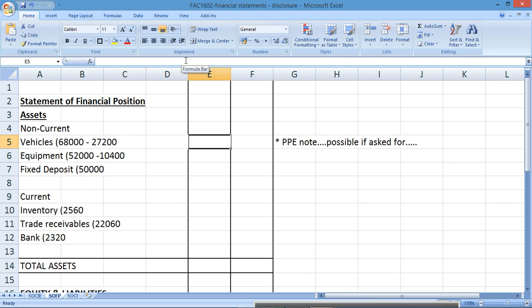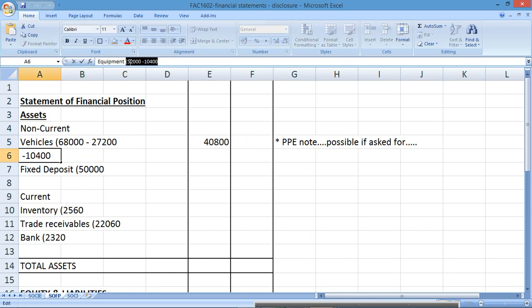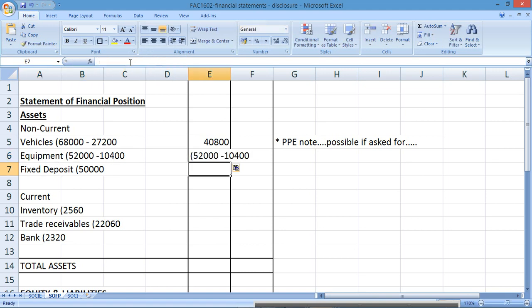Right, so I'll have a figure there, a figure here, and 50,000 over there. Okay, and then non-current will be all three added together. Good.